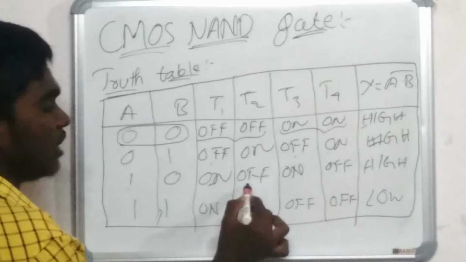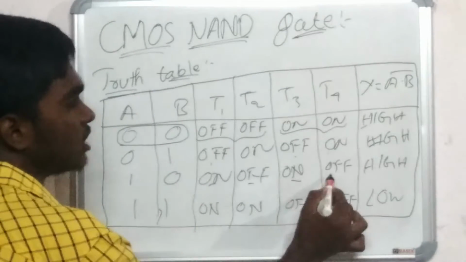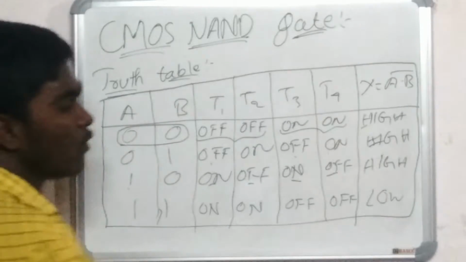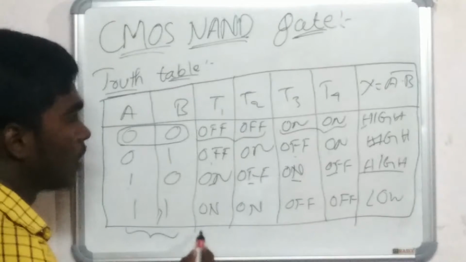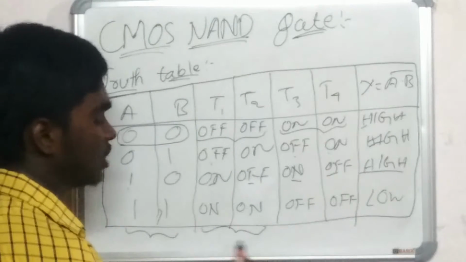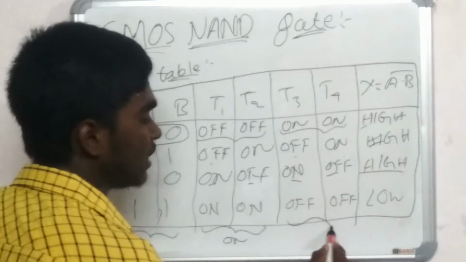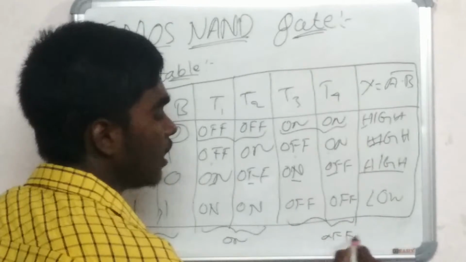Similarly, for A 1, B 0, T1 is in on condition, T2 is in off condition, T3 is in on condition, T4 is in off condition, the output we get is high. In the case A 1 and B 1, T1 and T2 are in on condition, and T3 and T4 are in off condition, the output we get is low. This is the truth table of CMOS NAND gate.